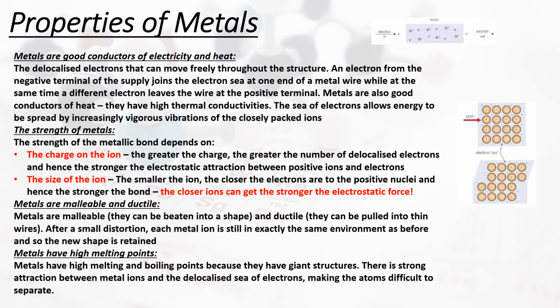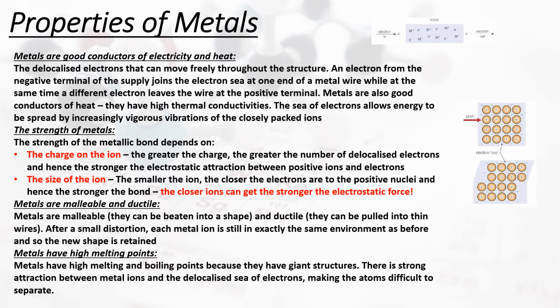Metals are also malleable and ductile. Malleable means they can be beaten into a certain shape. Ductile means they can be pulled into thin wires. Remember for ionic bonding, if we hit the lattice in one direction, this often meant the lattice shattered and broke apart.